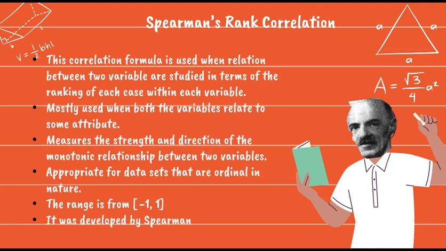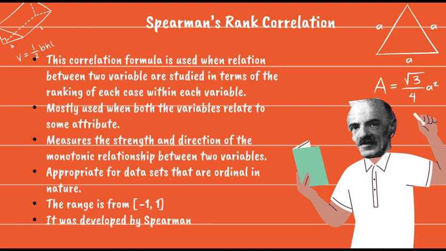Here we understand the direction of the relationship between the two variables. We are not concerned about the linear relationship between the two variables, which we were concerned with when we computed Karl Pearson's correlation coefficient. One big advantage of this is that if there is an outlier, one very large value, since we convert them into ranks, it does not influence your correlation coefficient.